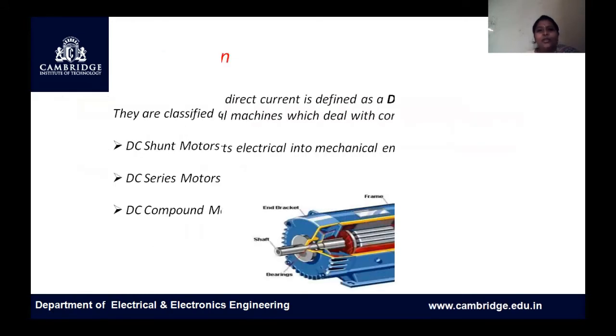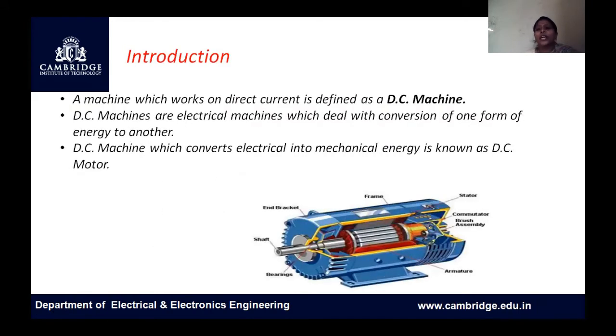Before we get into the types of DC motor, we will also discuss back EMF and its significance in the DC motor. What is back EMF? It is nothing but the EMF which is induced in the armature. Since it opposes the supply voltage, we call it back EMF.